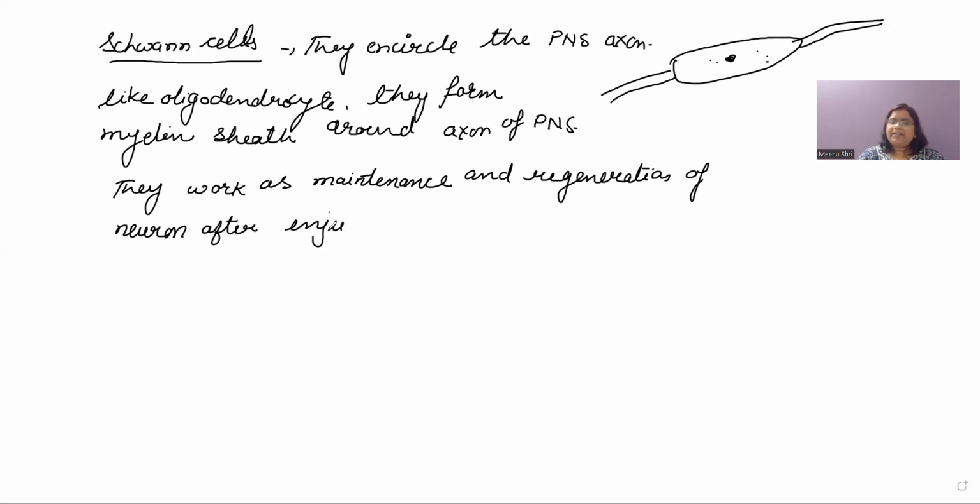Means if an injury occurs in the axon of the peripheral nervous system, the Schwann cells will help to regenerate or recover from these injuries. Okay, so the Schwann cells are also termed neurolemma cells.